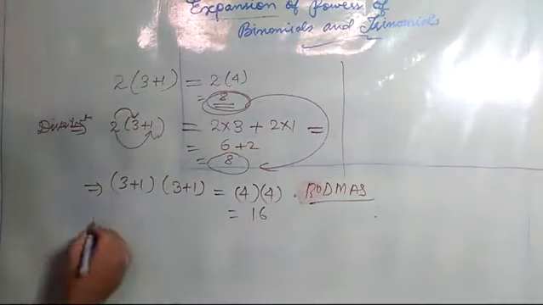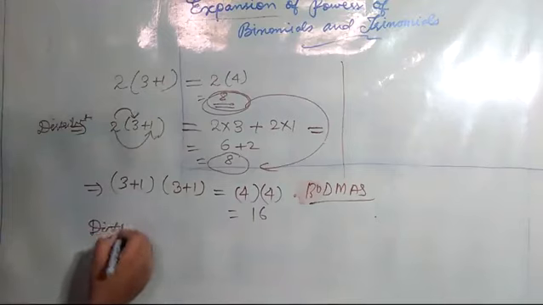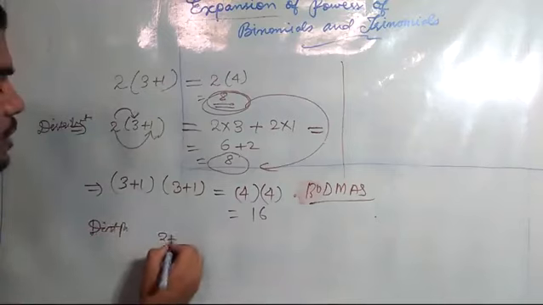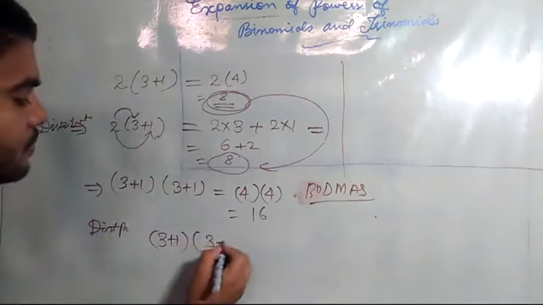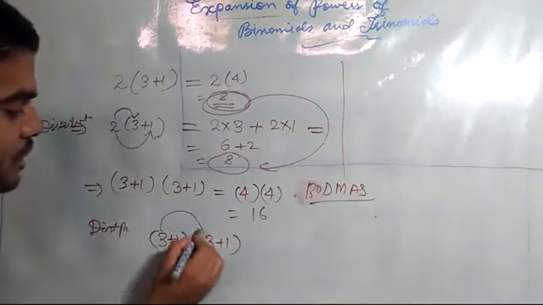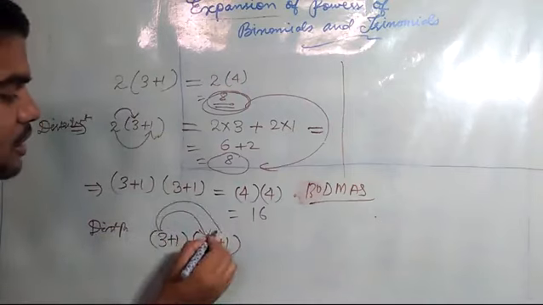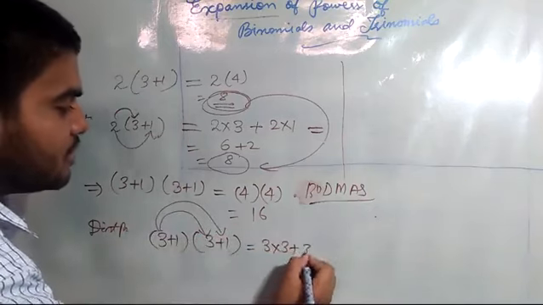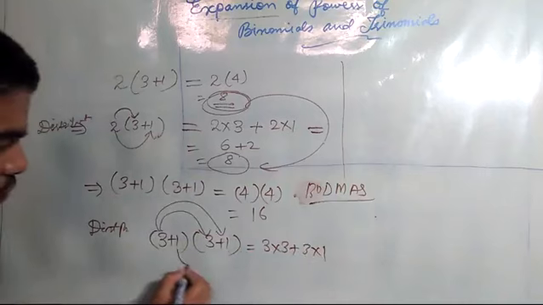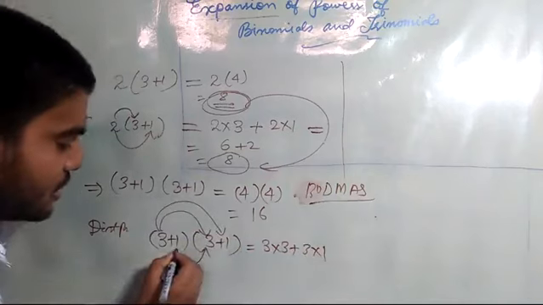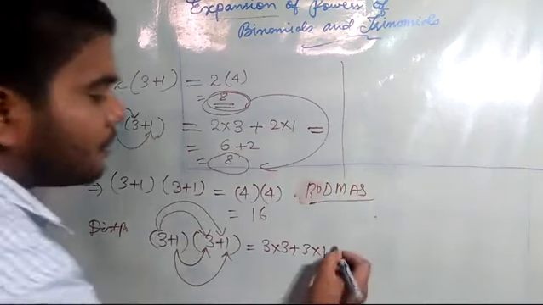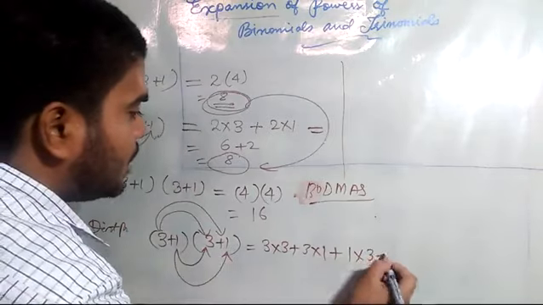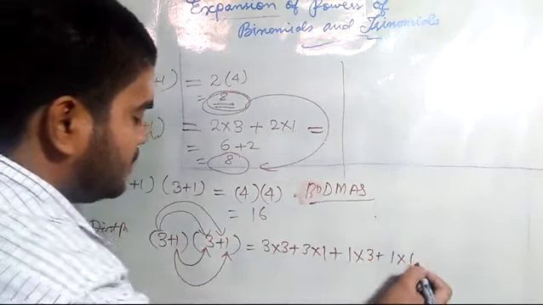Now if I go by the distributive property, how are we going to multiply? 3 will be multiplied with 3, then 3 will be multiplied with 1. So 3 multiplied with 3 plus 3 multiplied with 1. Then this 1 will be multiplied with 3, then again 1 will be multiplied with 1: 1 multiplied by 3 plus 1 multiplied with 1.